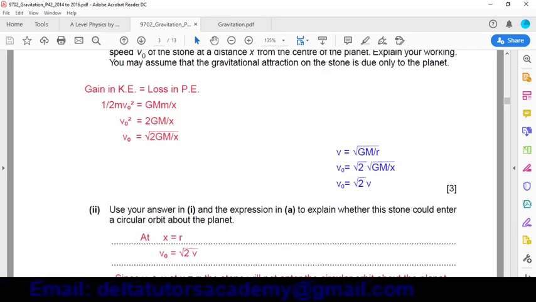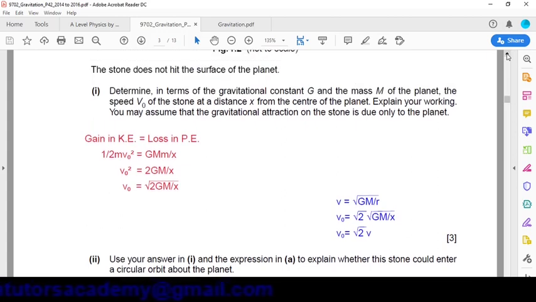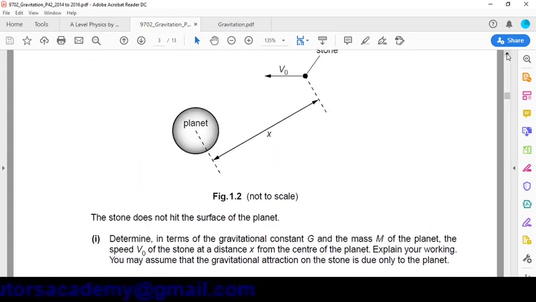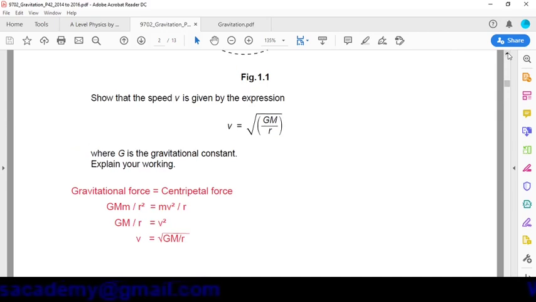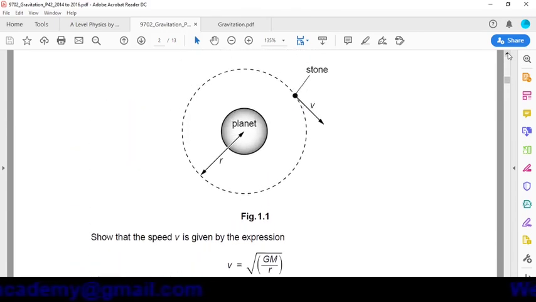Okay, next part. Use your answer in B and the expression in A to explain whether this stone could enter a circular orbit about the planet. Okay, here we have calculated two velocities. First velocity is here for the first stone that is moving around the planet.